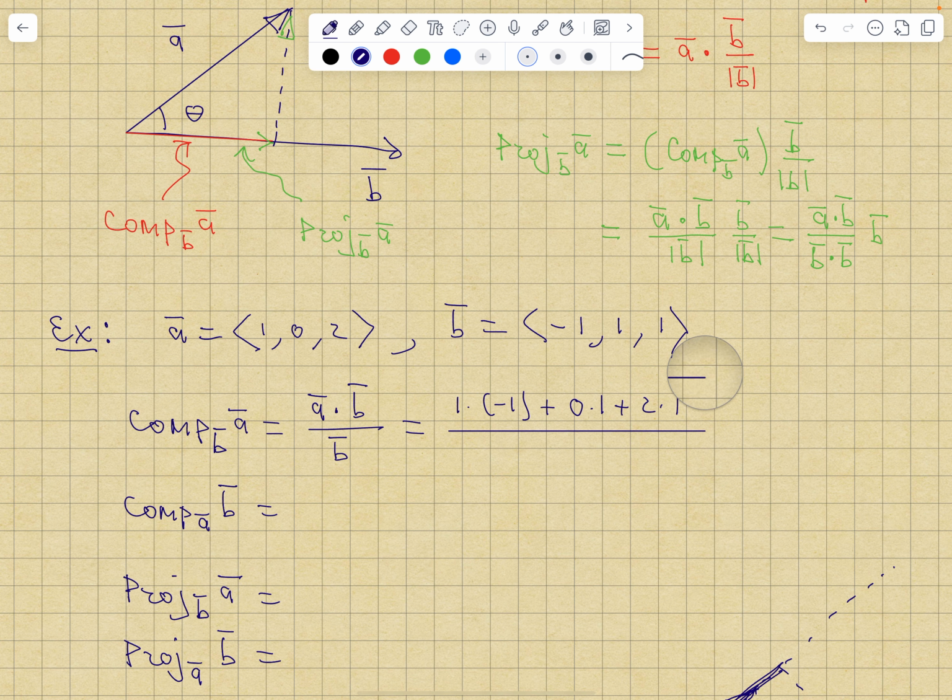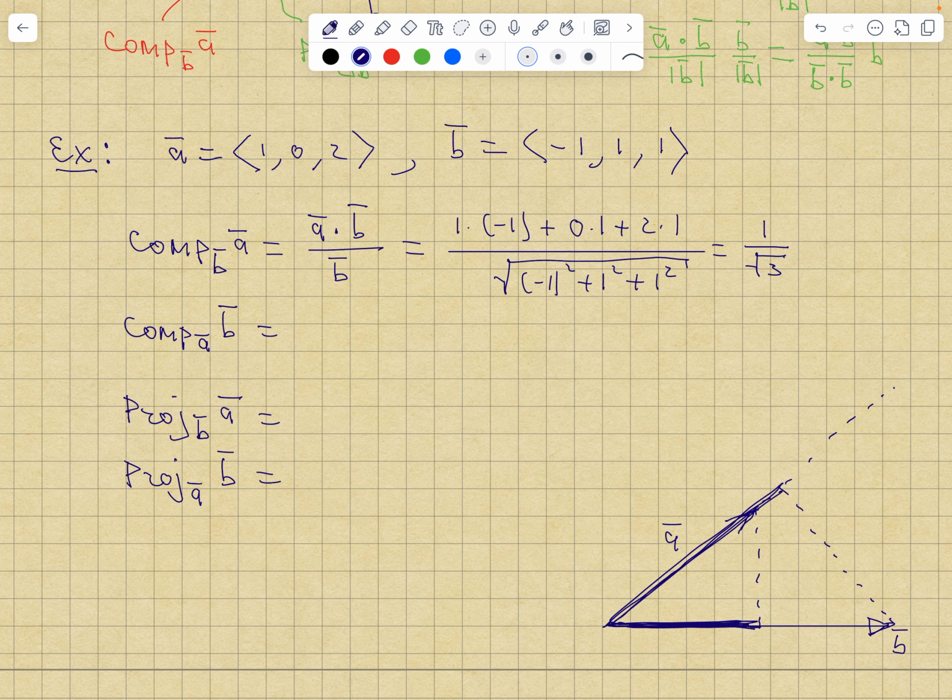And the magnitude of b is square root of minus 1 square plus 1 square plus 1 square. So this should be 2 minus 1, 1 on the top, and square root of 3 on the bottom.